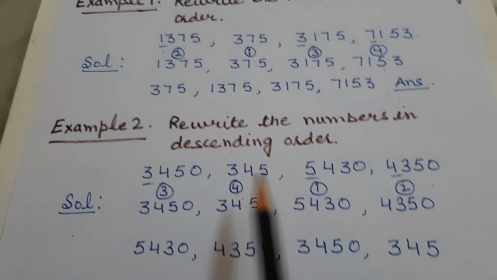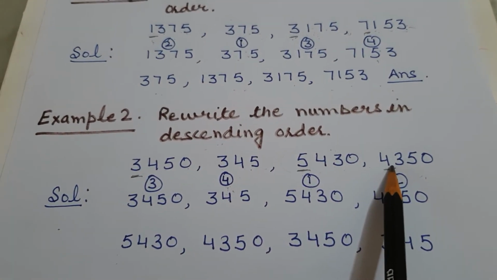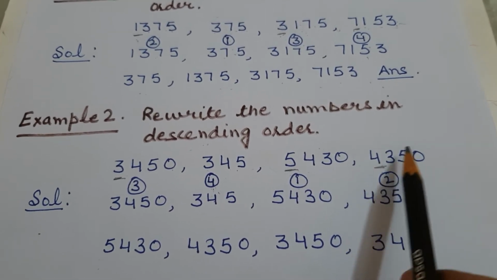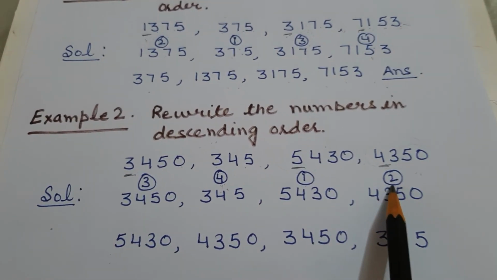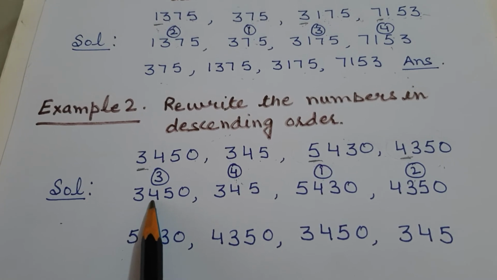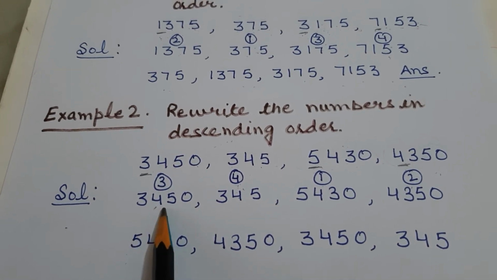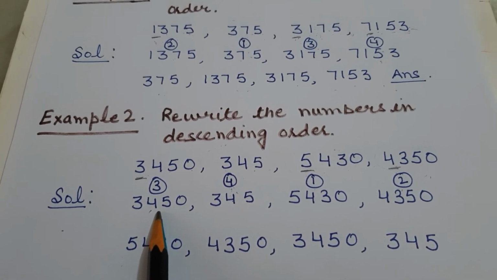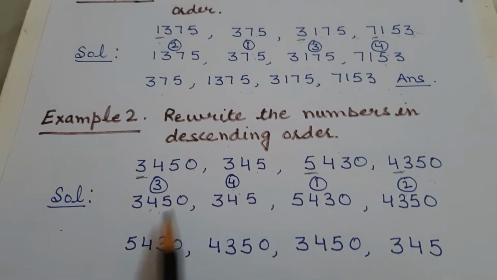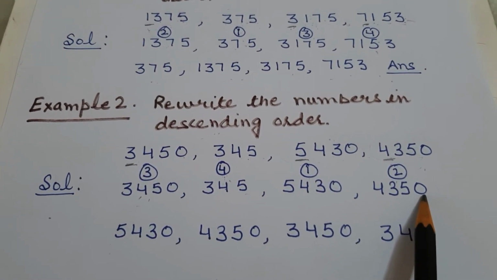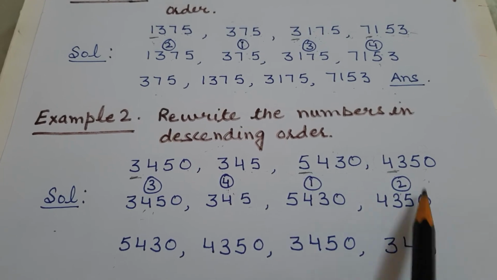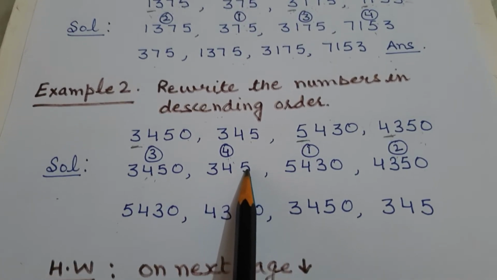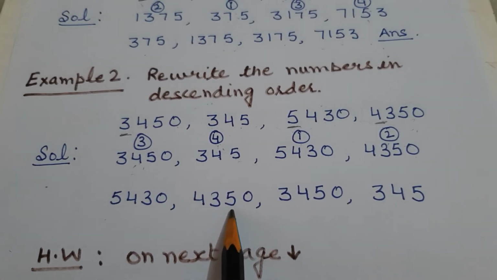After 5, out of 3 and 4, which is the bigger one? 4. So it will come on second place. After that, this one will be on third place. Now if you check, all numbers have got positions 1, 2, 3, 4.